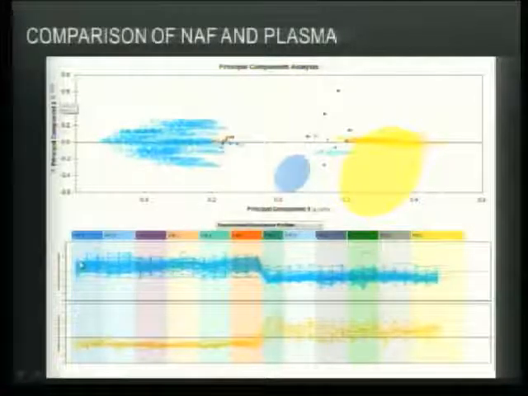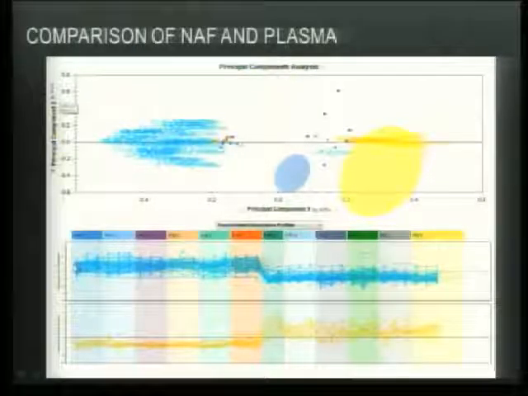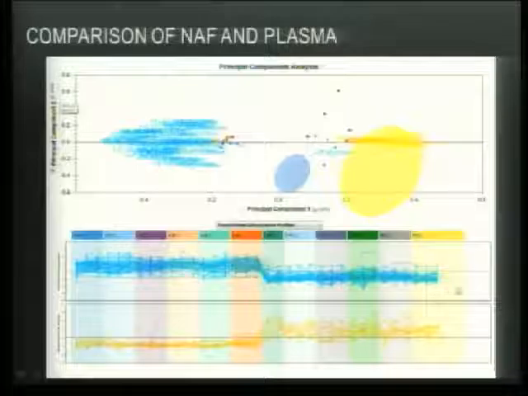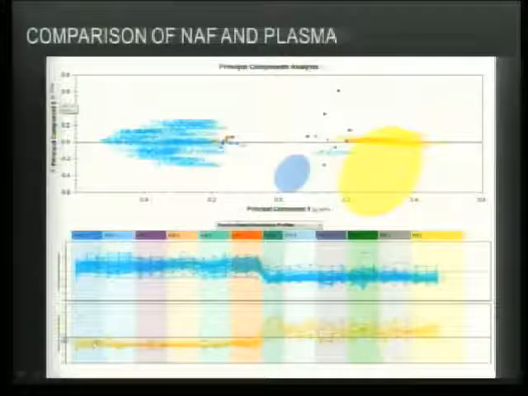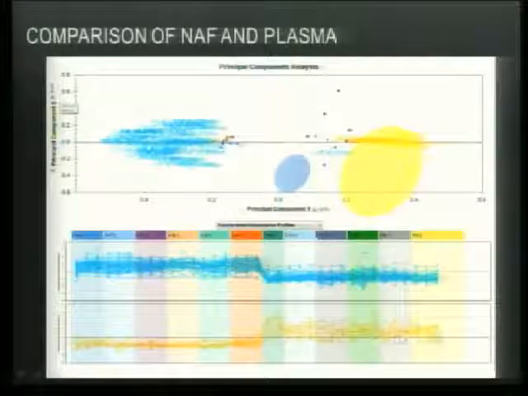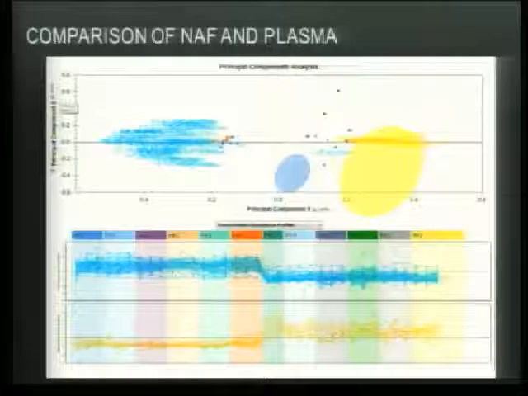Each line is a metabolite, and so in general, the metabolites which are abundant in NAF are low in plasma, except for this one. And then the metabolites that are low in NAF are more abundant in plasma. And so that's interesting.